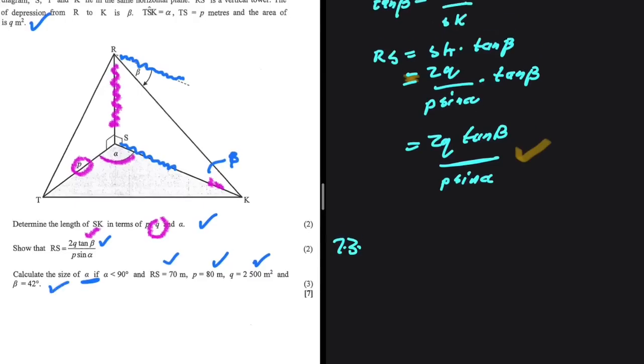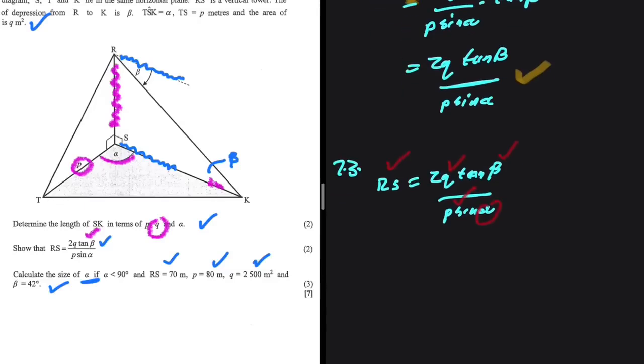So let's use the equation in 7.2, because in that equation we have RS equal to 2Q tan of beta divided by P sine of alpha. We are given the length of RS, Q the area, the angle beta, and P, which is 80 meters, and we are looking for alpha.